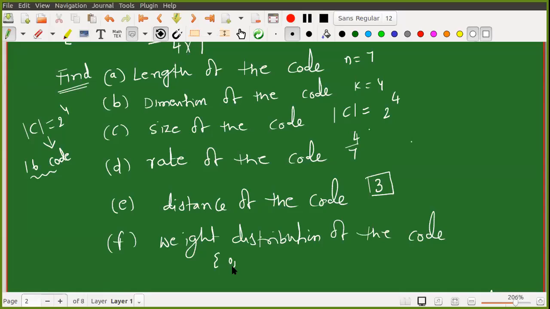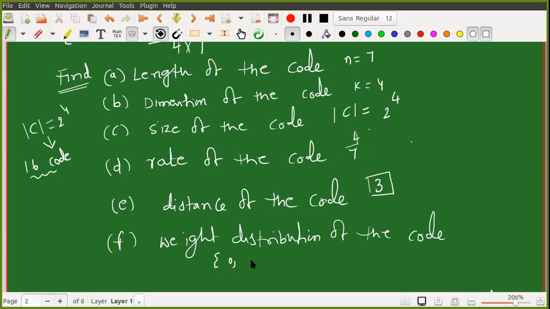In this set of code words, is there any code word whose weight is 0? Pragati, go ahead. The zero code word. The zero code word, weight is 0.